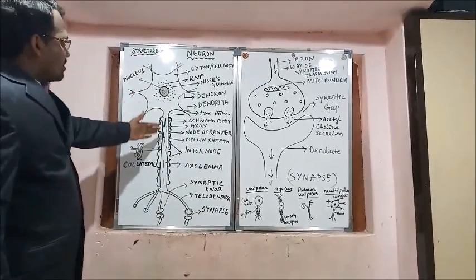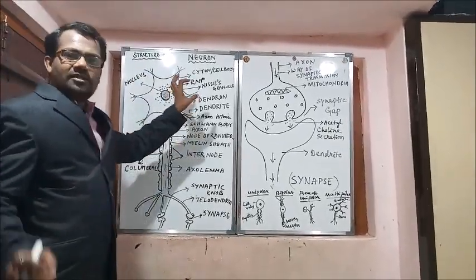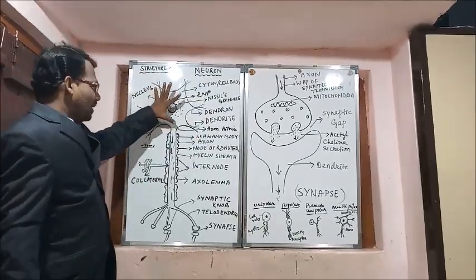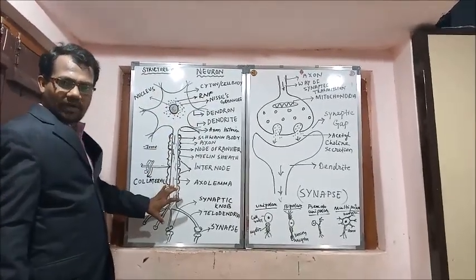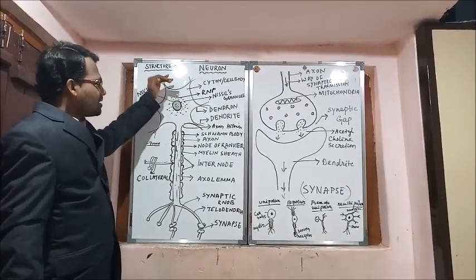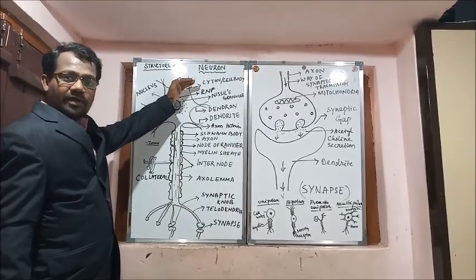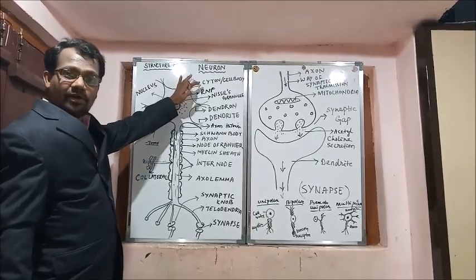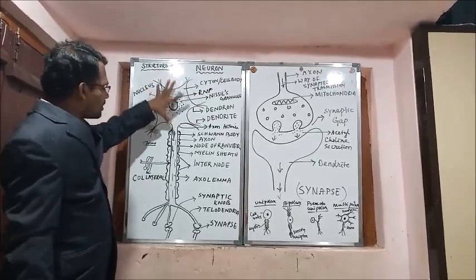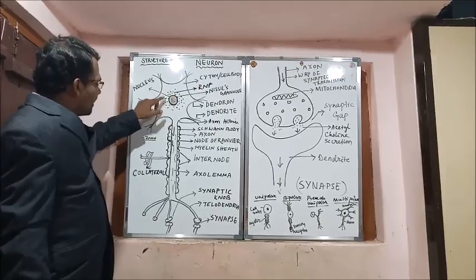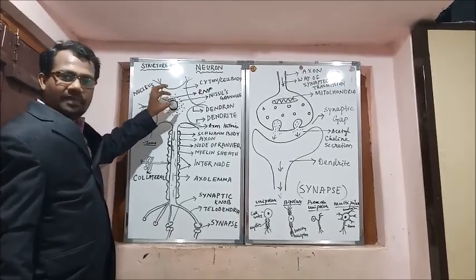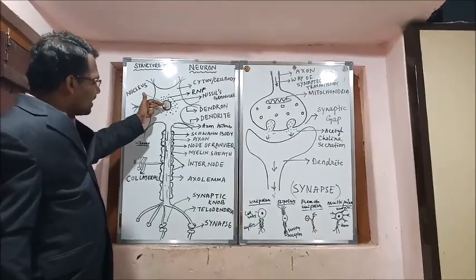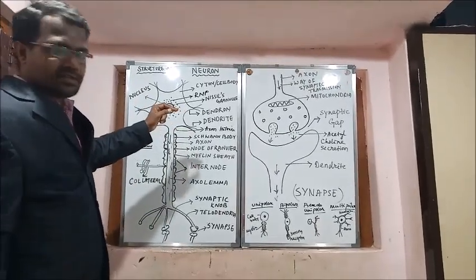So you can see this structure. Totally, this structure is differentiated into three different parts: the upper part, the middle part, and the lower part. The upper part is known as cyton, cell body, or the perikaryon. This total is known as cyton, which contains the middle, rounded dark structure known as the nucleus, and inside the nucleus, the nucleolus is present.